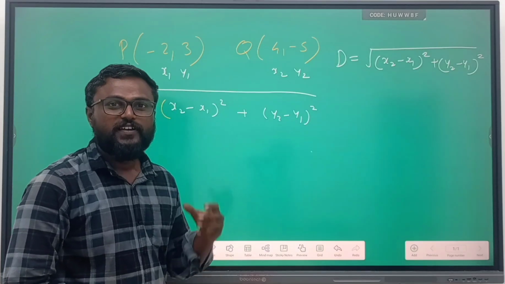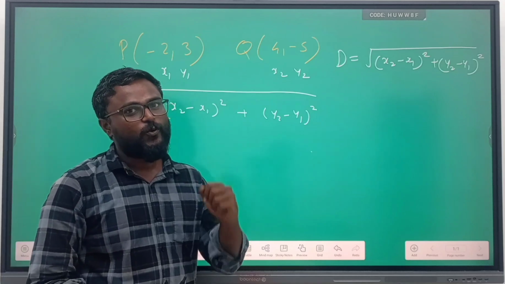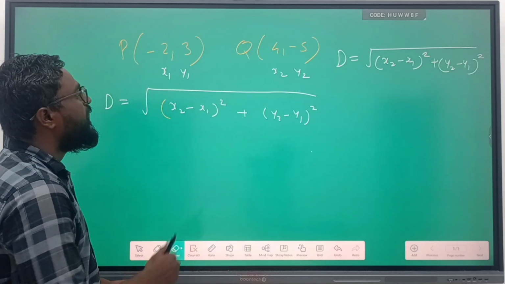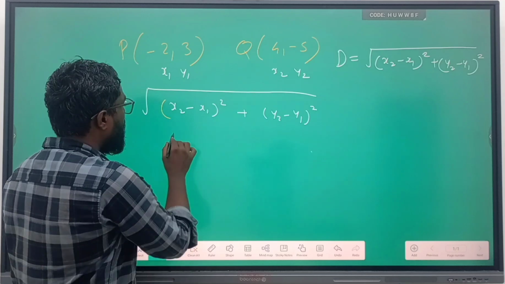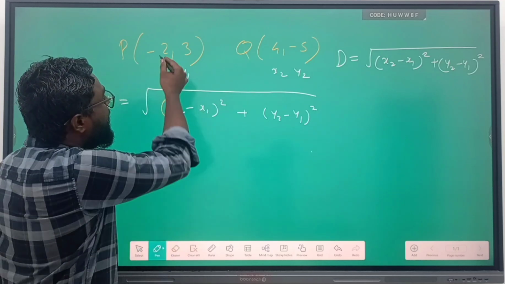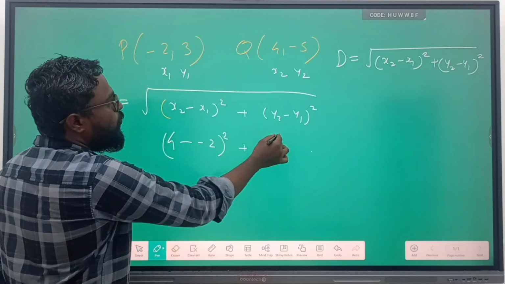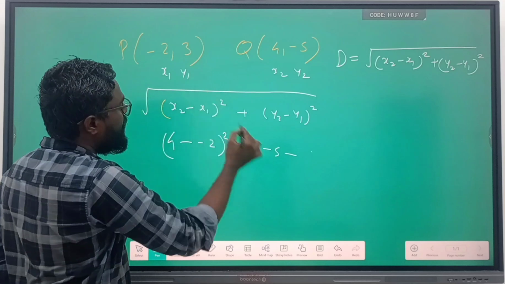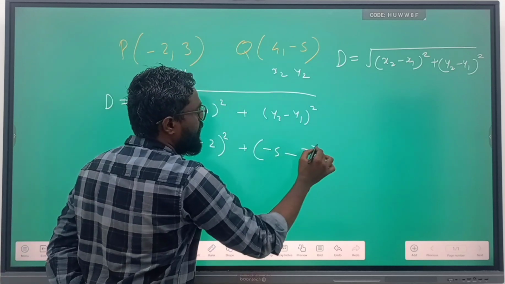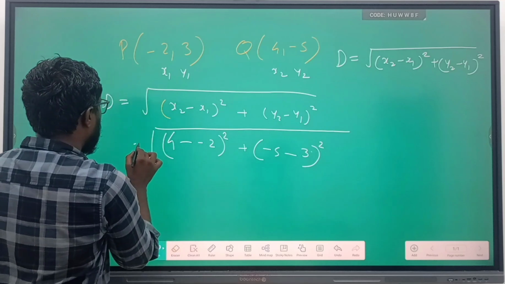We're going to substitute the values into this formula. The value of x2 is 4. The value of x1 is negative 2. I'll put it as it is. y2 is negative 5 minus y1, which is 3, whole square. And this whole thing goes under the square root.